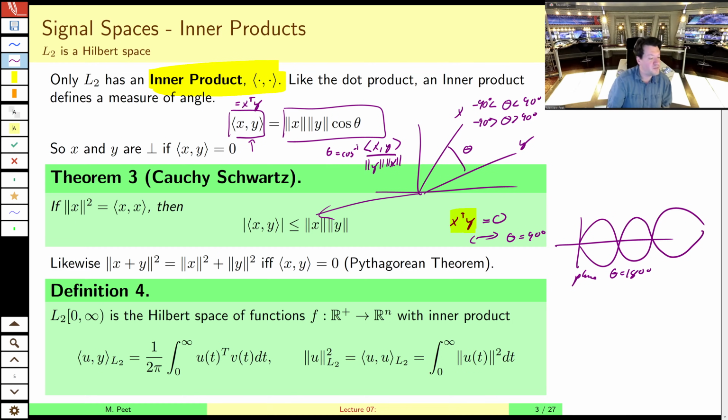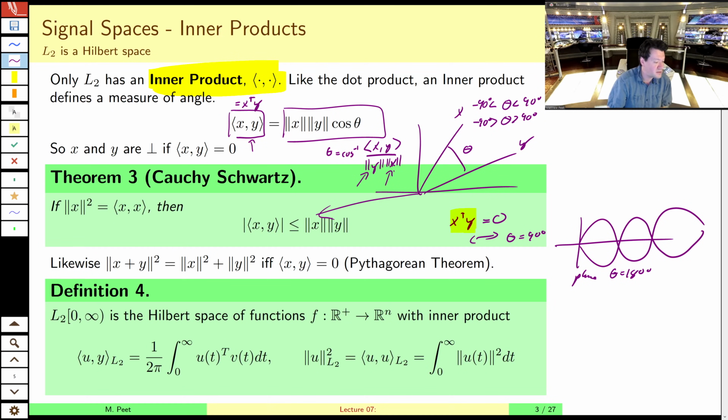So if we have an inner product, then we can define an angle between two vectors. Obviously, it has to be a normed space, because we define this angle in terms of norms. A normed space is more general than an inner product space. Not every norm has an inner product for which there exists an angle. In fact, it's relatively rare that they do.